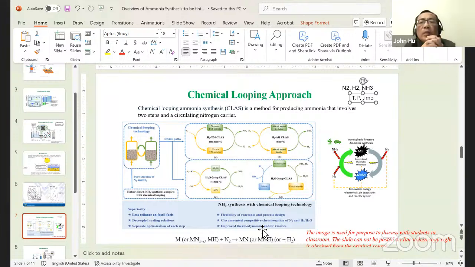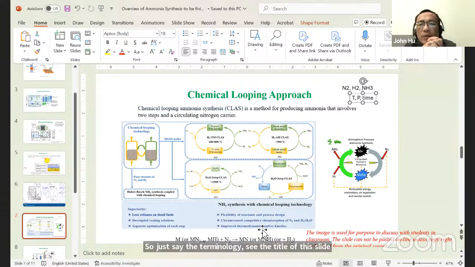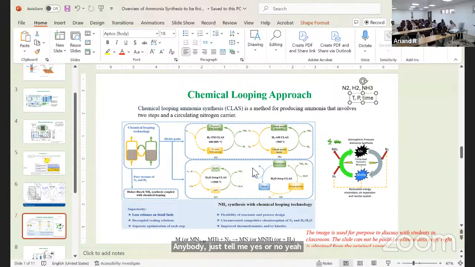So just say the terminology, see the title of this slide. Chemical looping. Have you ever heard of chemical looping? Because I'm going to go through the detailed equation on the bottom. Before I go to that chemistry, I want to know if you ever heard of chemical looping, so I can just talk about this loop. This is a very complicated process. Anybody just tell me yes or no? Metal oxides to convert into fluid and oxidize.